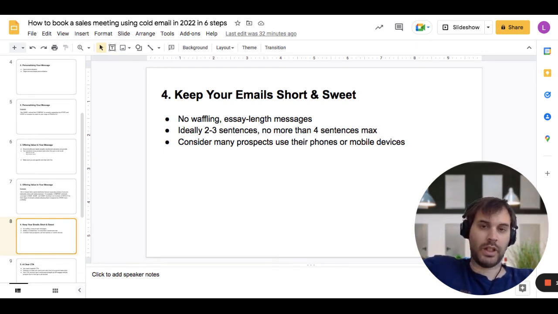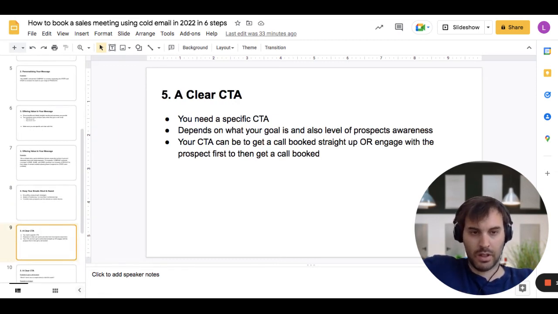If you're really clear on who your ideal client is and your offer, it should be no problem to distill an effective, personalized message into no more than four sentences. If you're struggling to do that, it's probably because you're in your head too much, or you're not clear enough about the benefits and results your offer provides, and who your actual ideal client is. So really, four at the absolute max.